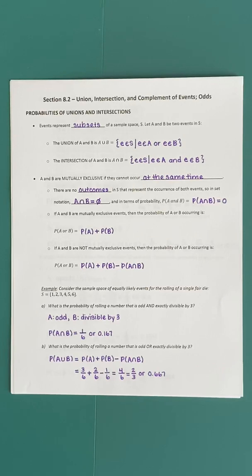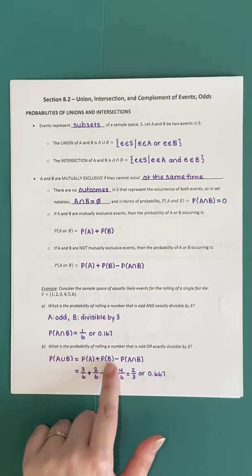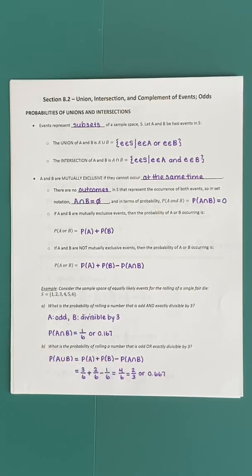What we know, though, is that it is possible to roll something that is both odd and divisible by 3, which means that these events are not mutually exclusive. If they're not mutually exclusive, if there are some outcomes that represent both events occurring at the same time, then again, we have to keep in mind that those outcomes were counted as part of two different probabilities.